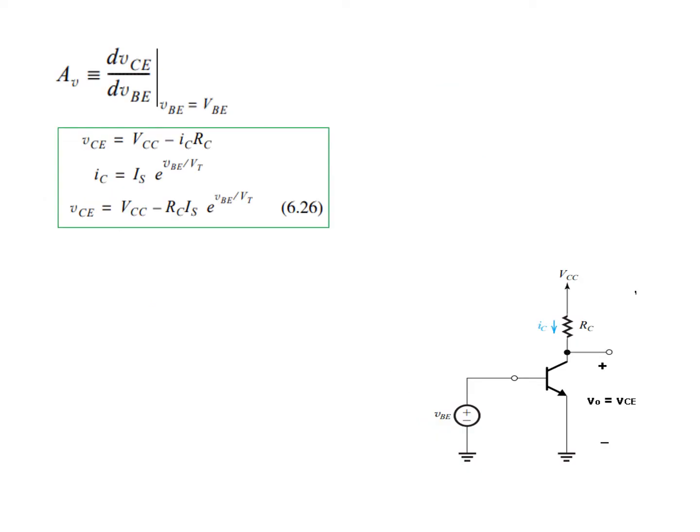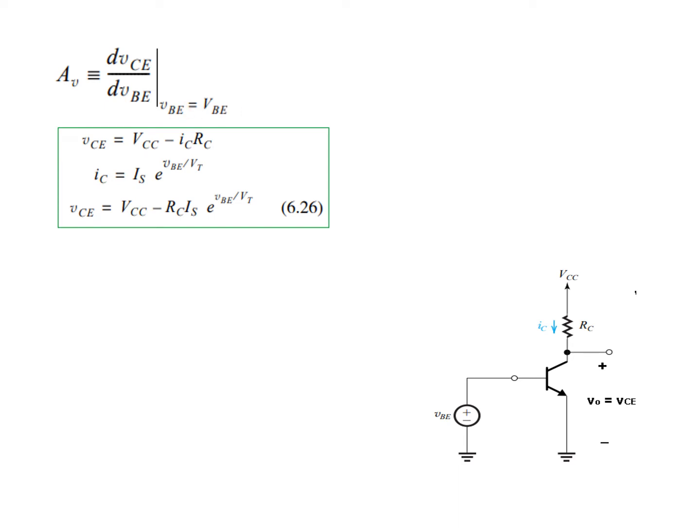Now we need to further analyze this dVCE divided by dVBE at this point where VBE is equal to capital VBE, that is at the DC point.